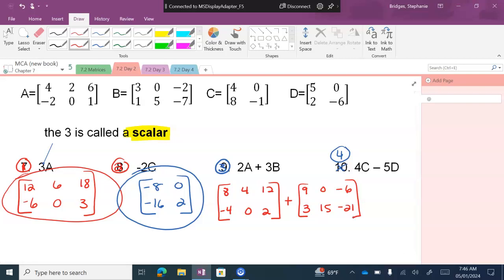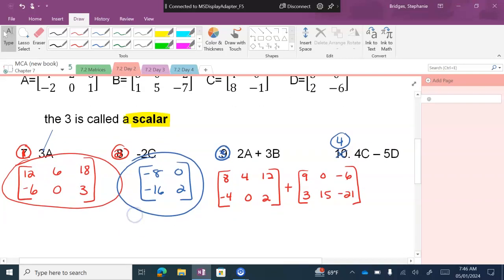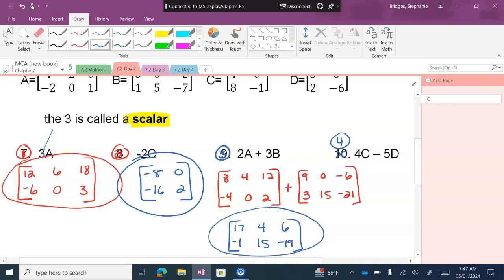So then we just do like we did yesterday, adding each term together. So starting, 8 plus 9 is 17. 4 plus 0, 12 plus negative 6, negative 4 plus 3, 0 plus 15, and 2 plus negative 21 is negative 19. So that would be the answer for that one.